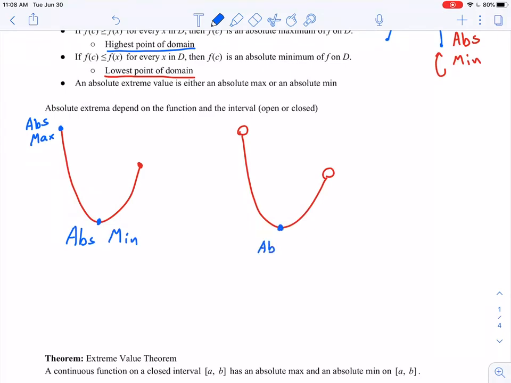That is my absolute minimum. But I run into a problem because the highest point should be this open circle. But I can't take that open circle as my absolute maximum because that point is not in my domain. The function does not exist at that open circle.